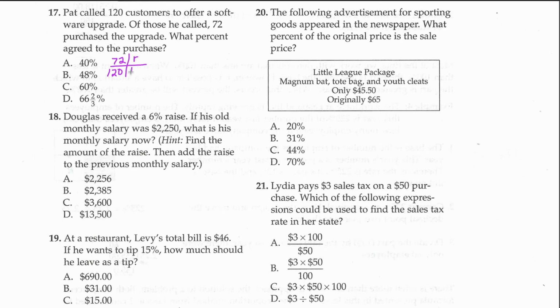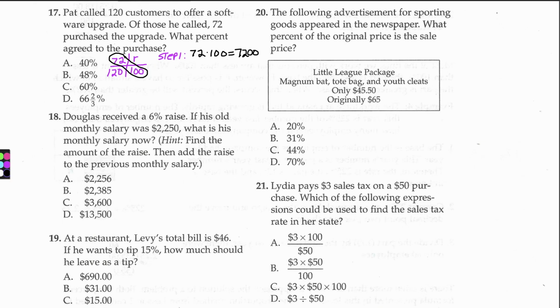And the 100 goes with the 120. And step 1. We multiply the 72 by the 100 right here. So 72 multiplied by 100. That should give us 7,200.